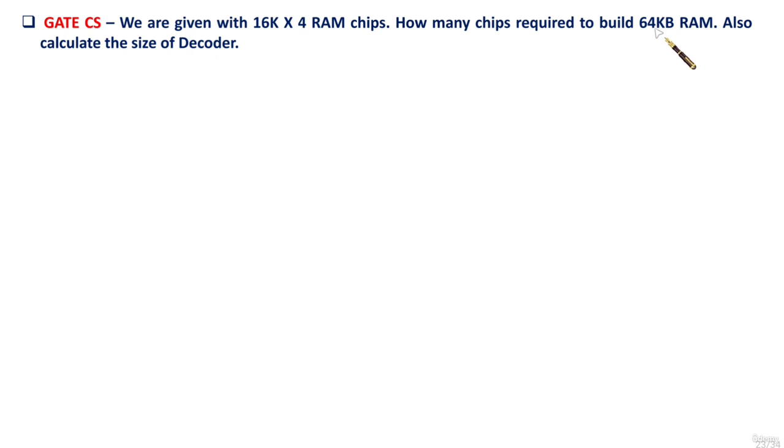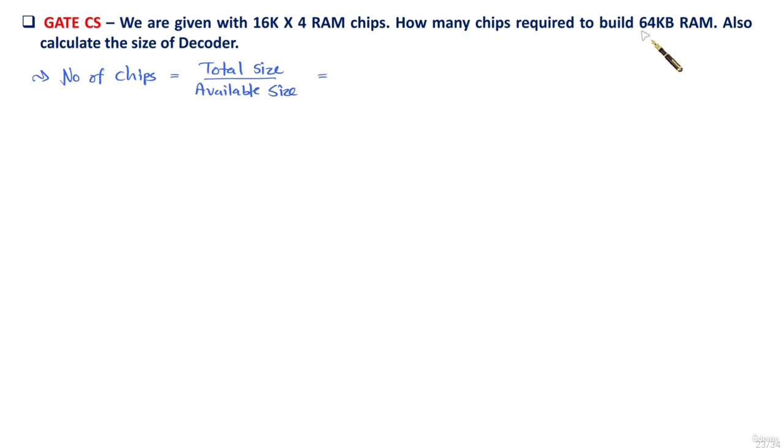So here the required size of RAM is 64 KB and available is 16K cross 4. Also we have to find the size of the decoder. So first of all we need to identify the number of chips, that is total size of memory divided by available size of memory.